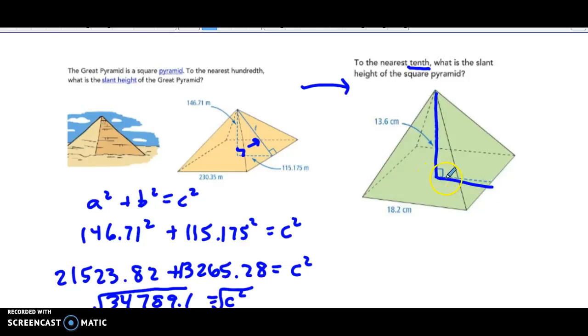But what I do know is that this leg is halfway across the base. And I do know that the width of this base is 18.2. So the leg of this triangle stops at the very center. So this leg is going to be half of 18.2. So if I divide that in half, that gives me a length for this leg of 9.1.